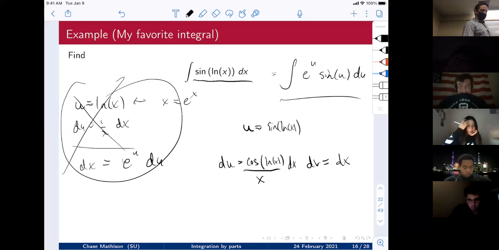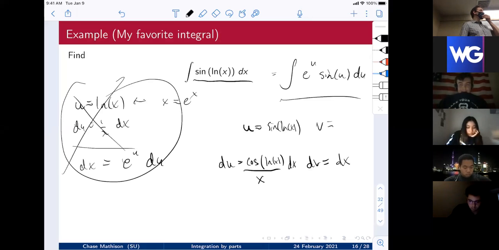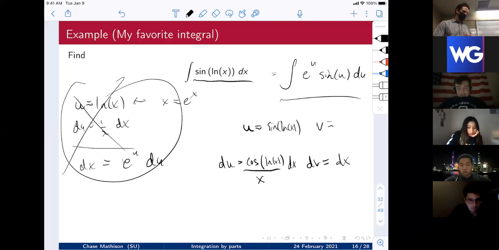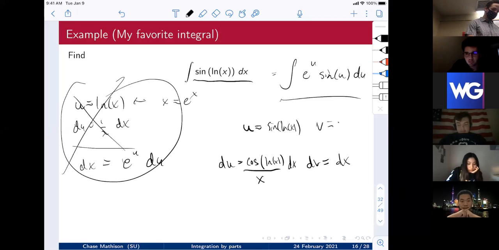We'll do the easier one. If dv is dx, then what is v? Austin, if dv is dx, then what is v? Would that just be x? x. Perfect. Exactly right. So I plug this into my integration by parts formula.